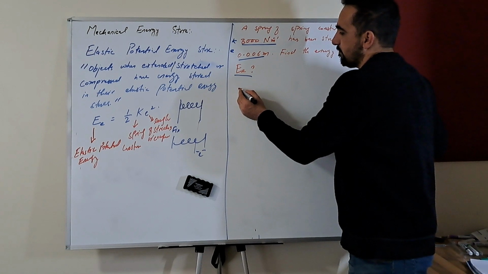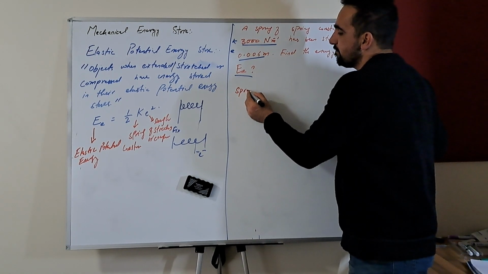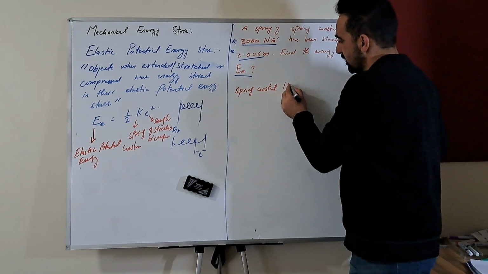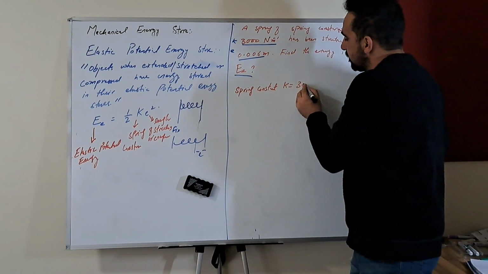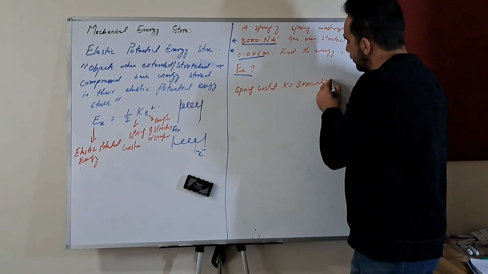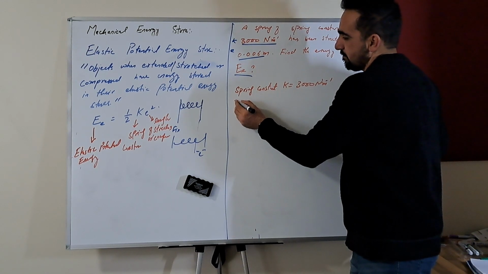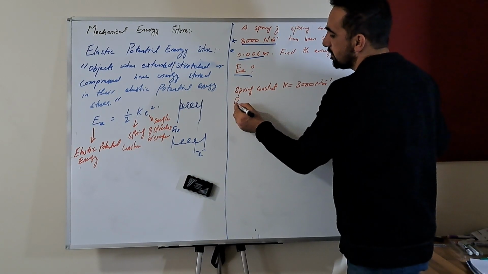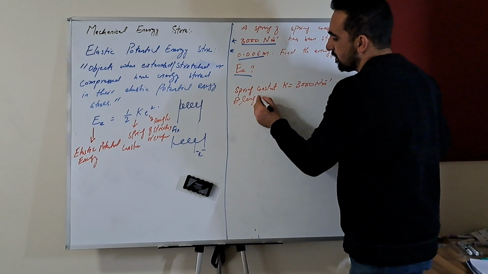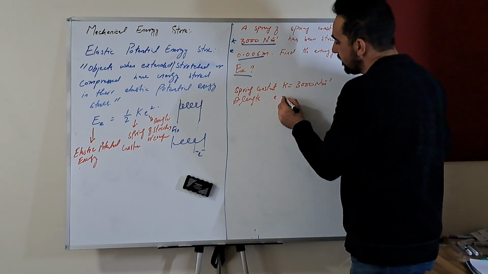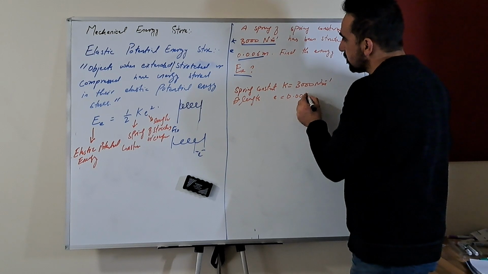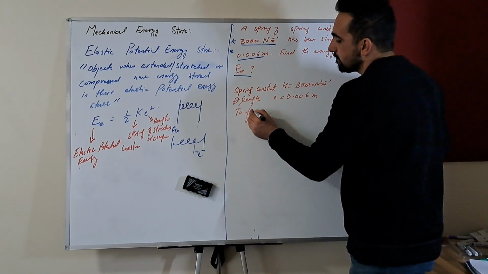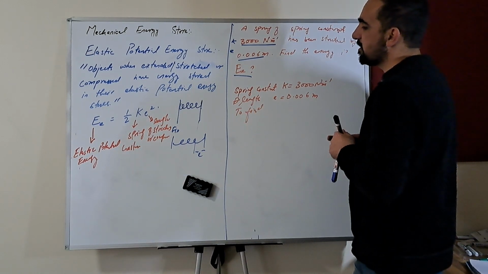So spring constant k is equal to 3000 Newton per meter, and what I would say is distance or length, e, is equal to 0.006 meter, and to find is elastic potential energy, Ee.